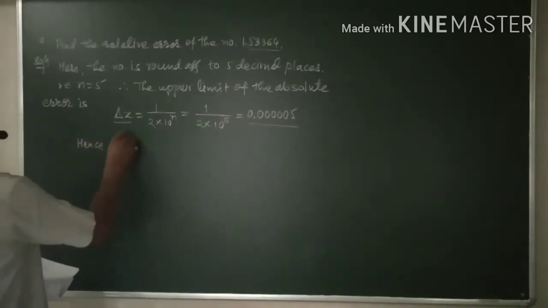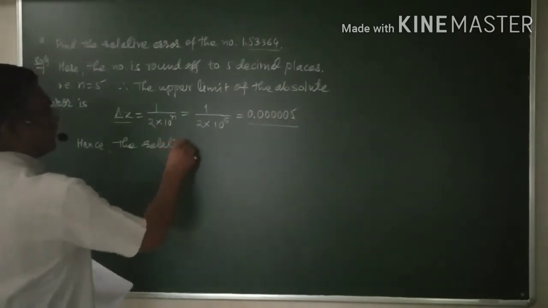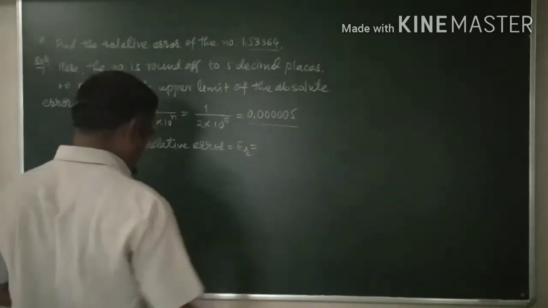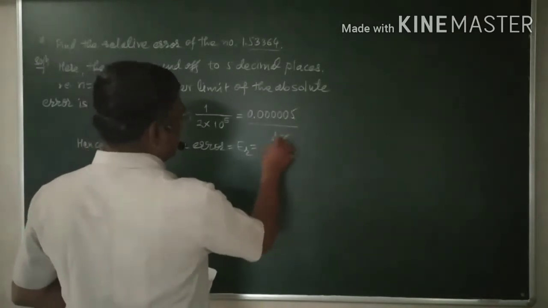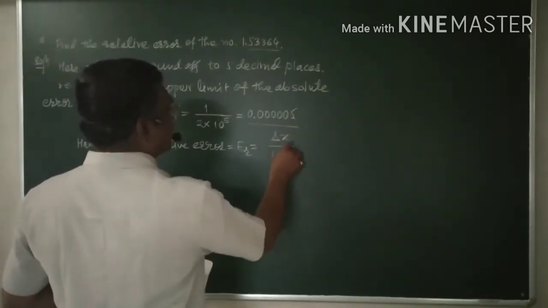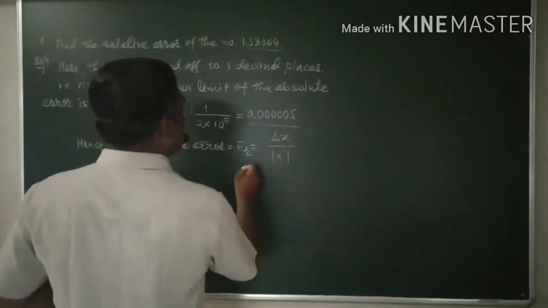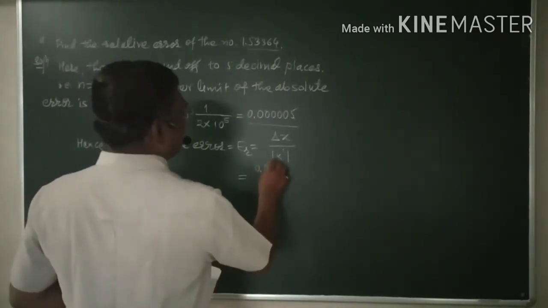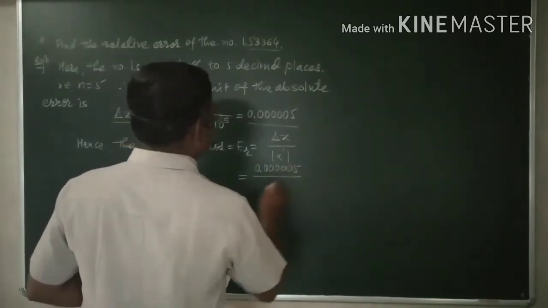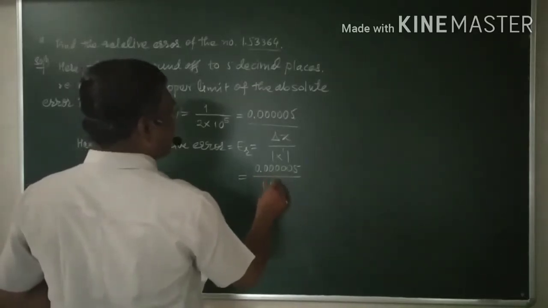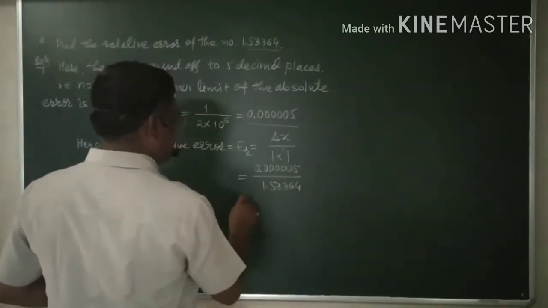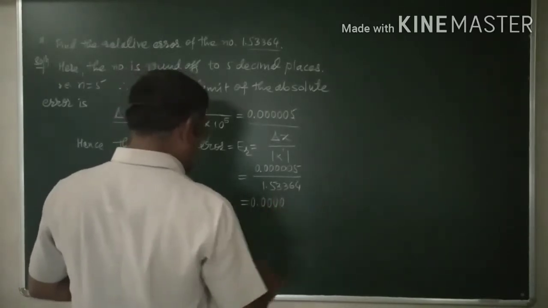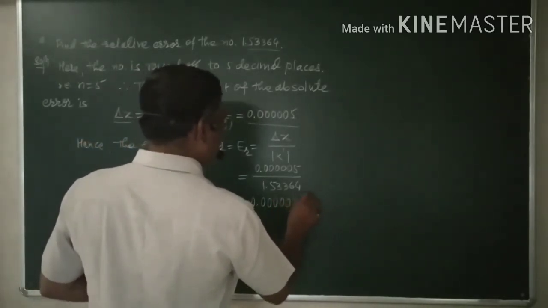Hence the relative error, denoted by ER, is nothing but del x upon x dash, which is equal to del x, that is 0.5 times 10 to the power minus 5, divided by the given number 1.53364, which comes out to be 0.00000326.